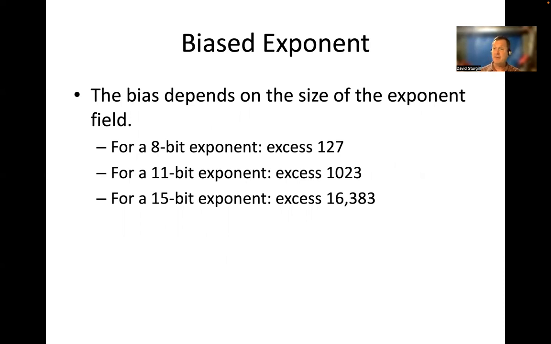An 8-bit exponent, that's what the single precision, the float type uses. Double, you'll see a slide from now, uses an 11-bit exponent. So they use a bigger bias, 1023. Long double uses a 15-bit exponent. So they use a bias of around 16,000.